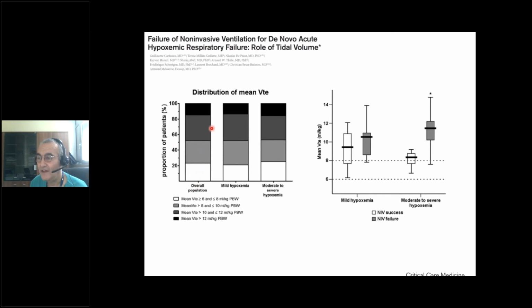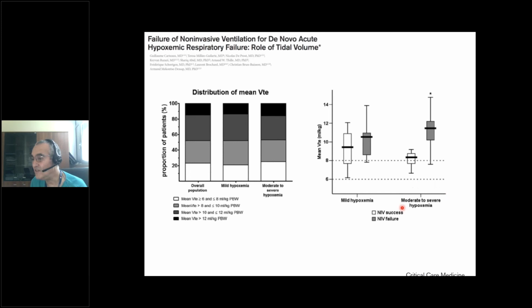Half of the patients breathe on their own, plus the pressure support, with a tidal volume above 10 and even 12 ml per kilogram. 12 ml per kilogram on pressure support NIV.